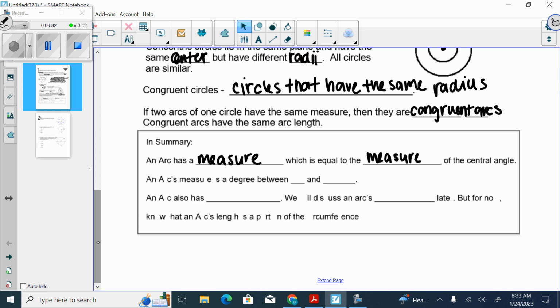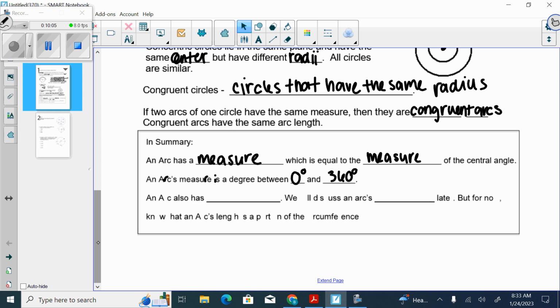I don't know why it keeps cutting out some of my letters, but an arc's measure is a degree between 0 degrees and 360 degrees, right? It can't be more than 360, it can't be less than 0 if it's going around a circle. Within that 0 and 360, you can have different kinds of arcs. Our minors, our majors, or our semicircles.